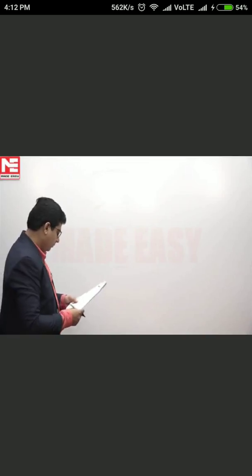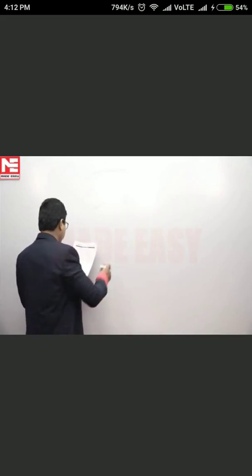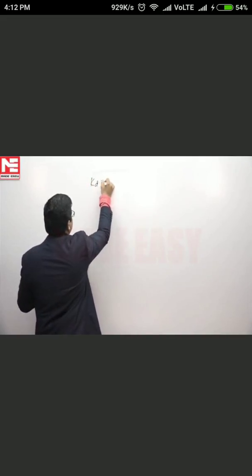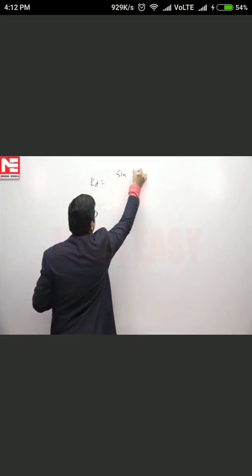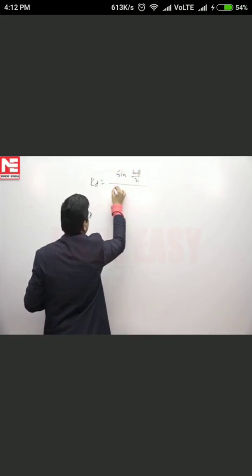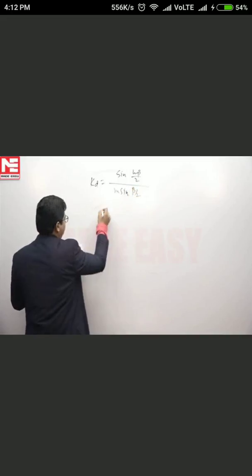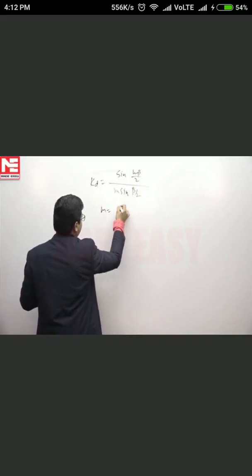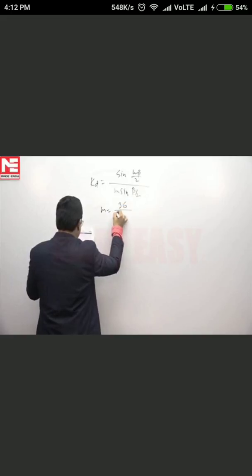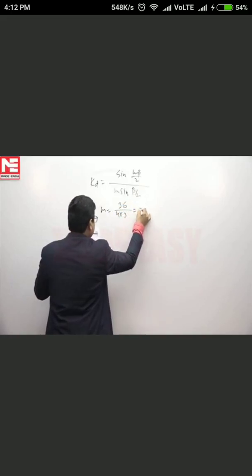In this question, we need to calculate KD and the 36 slot 4 pole 3 phase winding is given. So we know that KD is equal to sine m beta by 2 upon m sine beta by 2. So from here, m is slots per pole per phase, that is 36 divided by 4 into 3, it is 3.